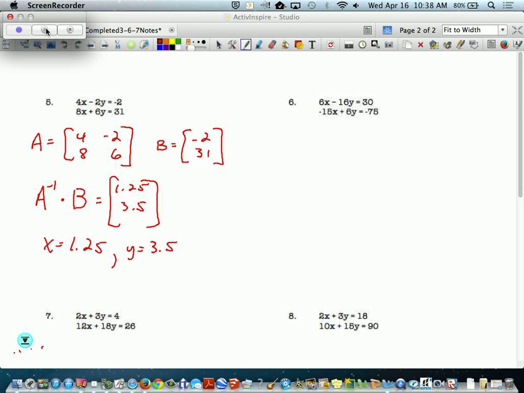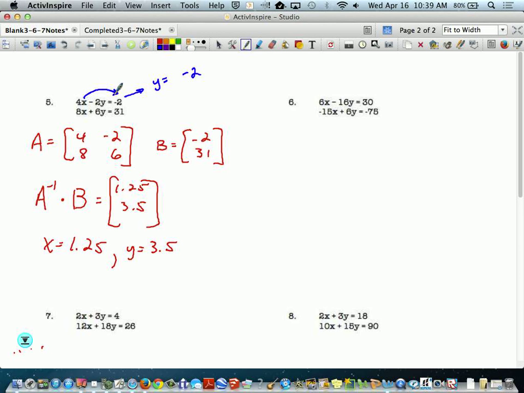We're going to do one more technique, and I'm going to do it with number 5 here that we've already got the solution to. It's also on the calculator, and it's the intersection mode. But to do the intersection mode, I need to take this equation right here. It's negative 2 over there. So I'm going to bring the 4x to that side, so it's negative 2 minus 4x.